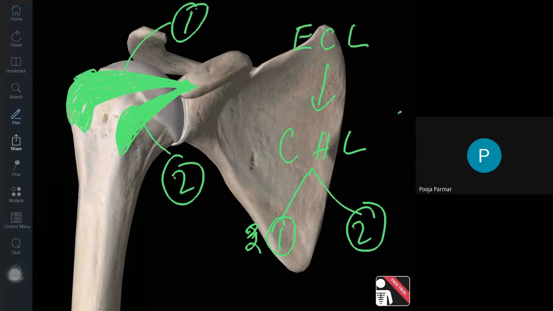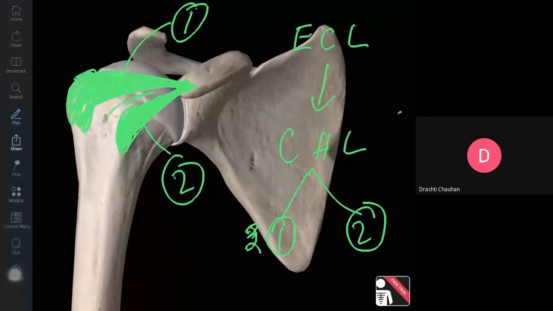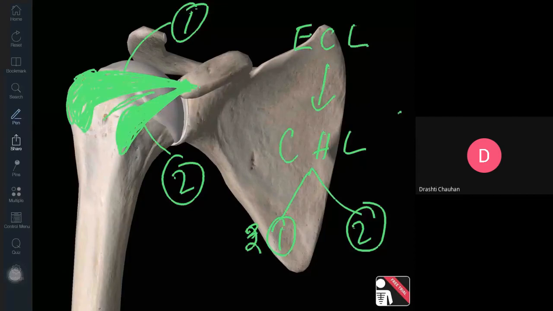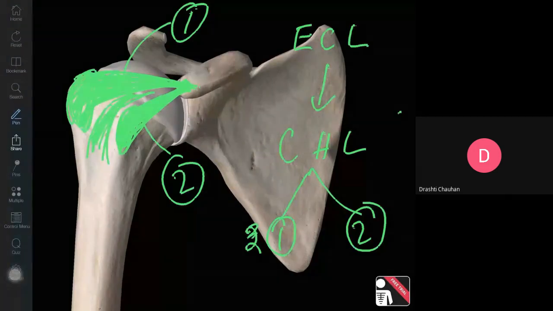Yes, sir. Between these two bands, listen carefully, there is a gap, and there is a tunnel. This is the pathway for which structure? The long head of biceps tendon.